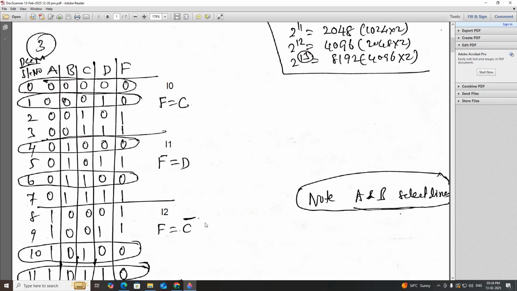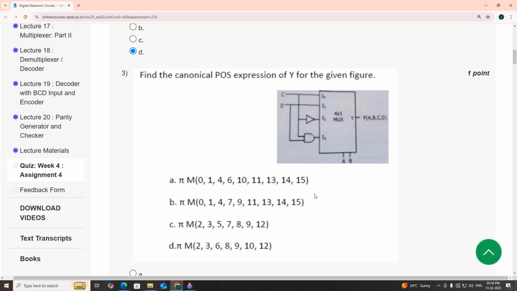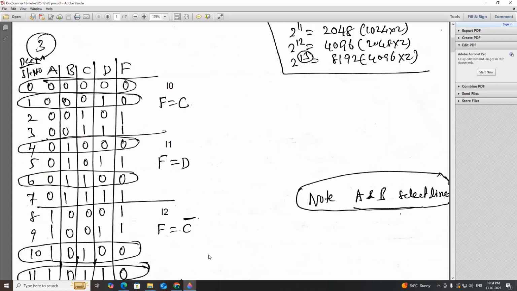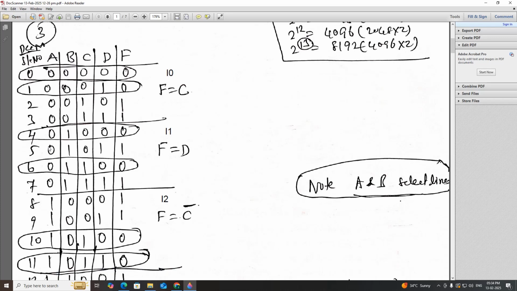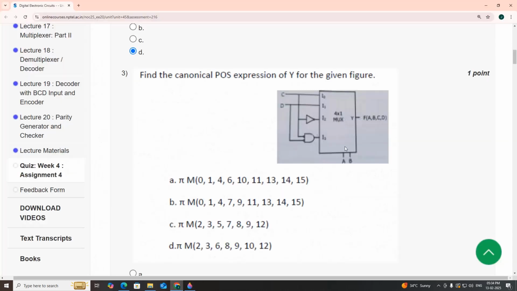Next, you can see here, this is AB. Again, the AB combination is 0 1. Now we will see the next four combinations, A and B are 0 1. So in that case, f will be connected to I1.